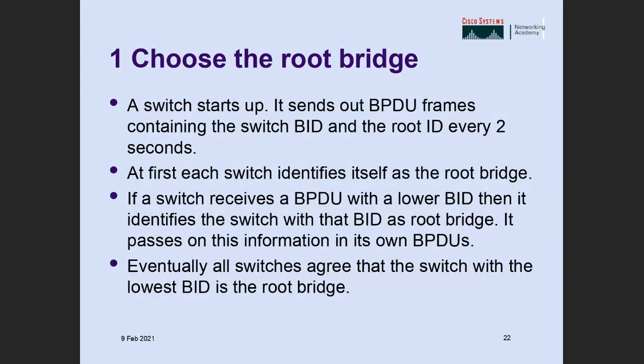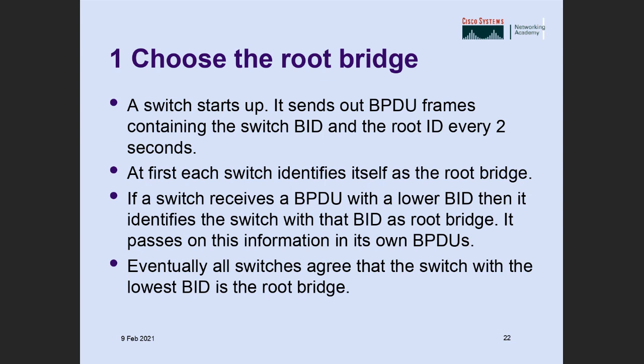So let's choose the root bridge. We're going to start a series of switches up there, plugged together. They're all going to start sending out bridge protocol data units back and forth to each other. And at first, each switch says, oh, I am root, all hail me, I'm the boss. I'm at the top of the mountain.